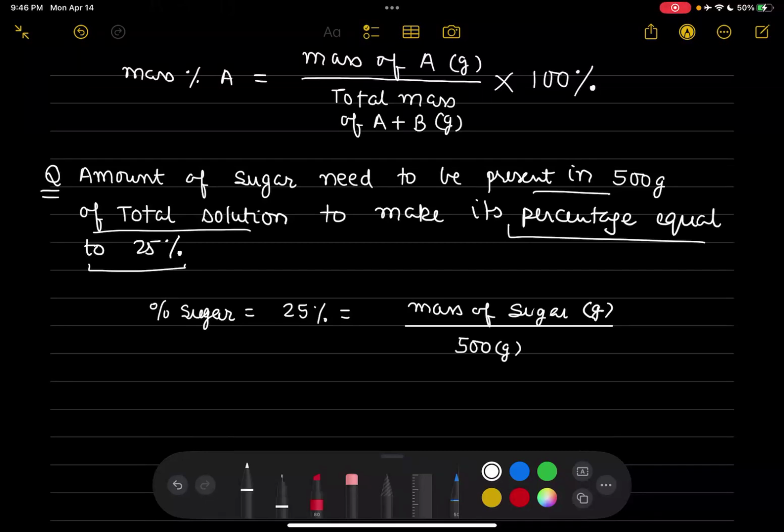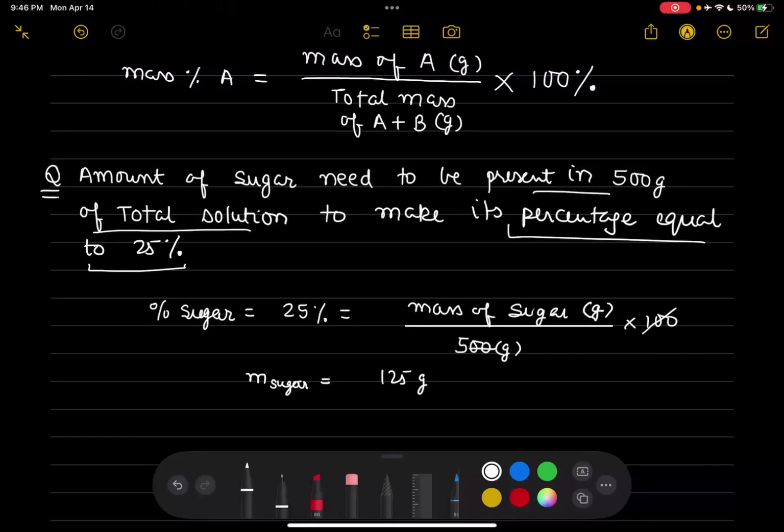So the 25 is in percentage, so we can write it as 25 by 100, right? So mass of sugar is how much? The 100 will divide into 500, so 5 will be left. So 25 into 5.